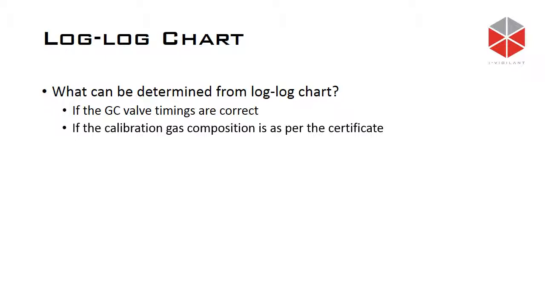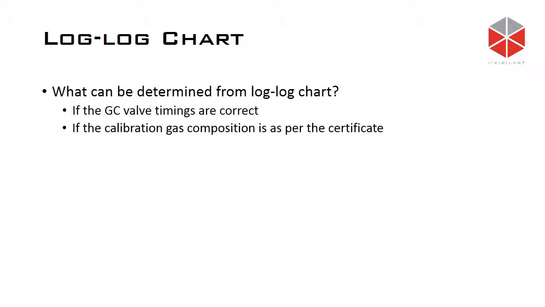Why can we do that with the log-log chart? Because the log-log chart is actually a physical representation of the actual physical property. The physical property of the gas doesn't lie. Each gas has a different thermal conductivity property.